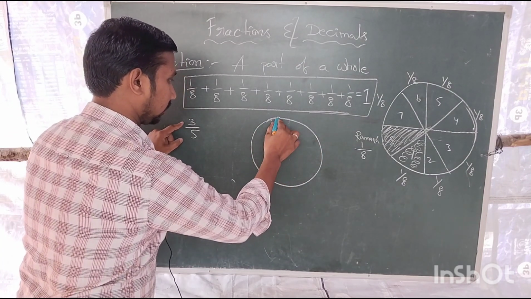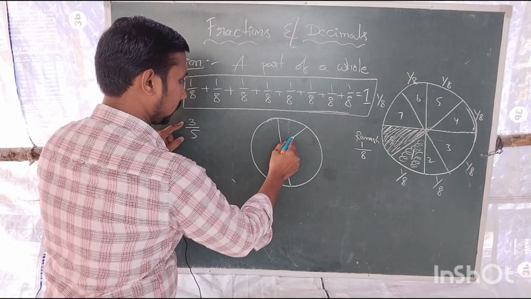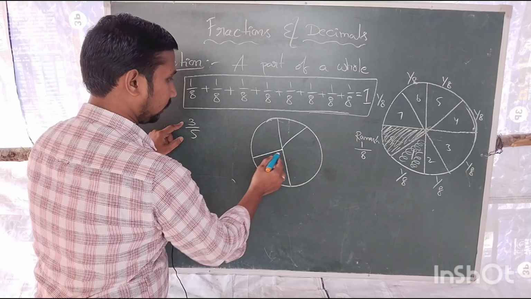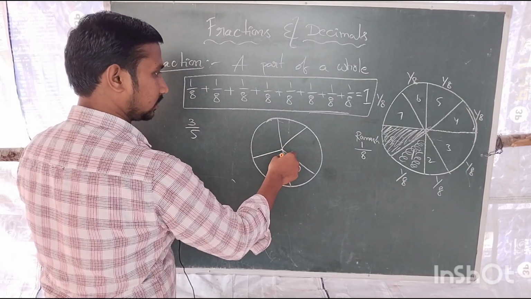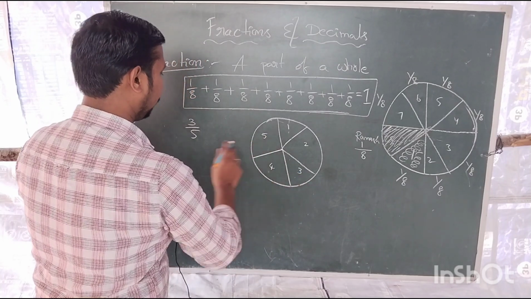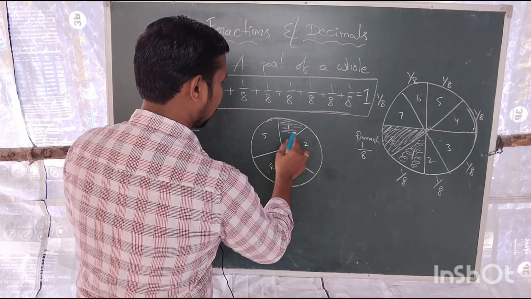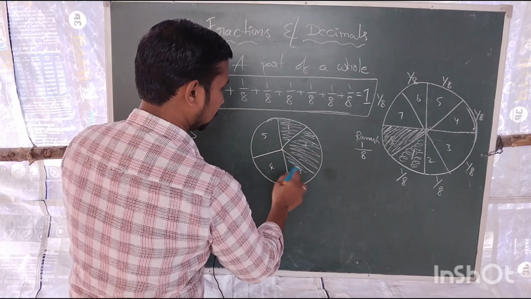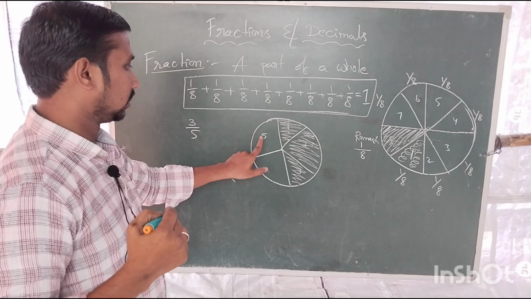The whole is divided into 5 equal parts: first, second, third, fourth, fifth. How many parts are shaded? 3 parts are shaded: first, second, third. This is the fraction 3 by 5.